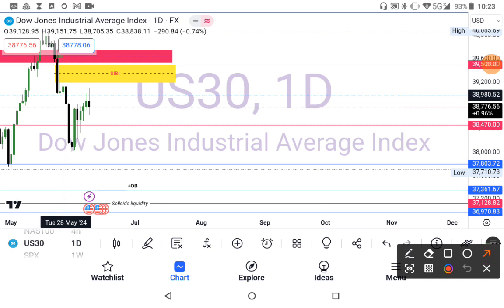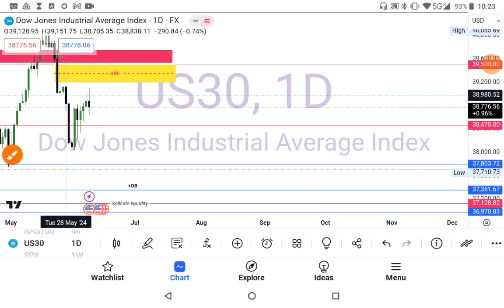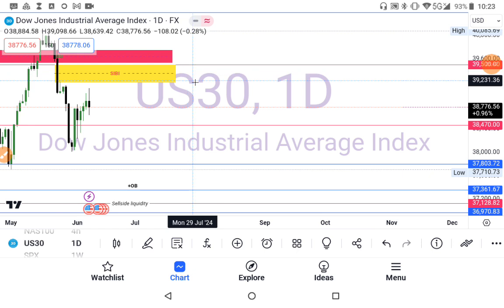On the 28th, this is the date, and this is the eye, 39,151.75. So I'm interested in trading towards that eye, then trading into 39,200 as the barest minimum.